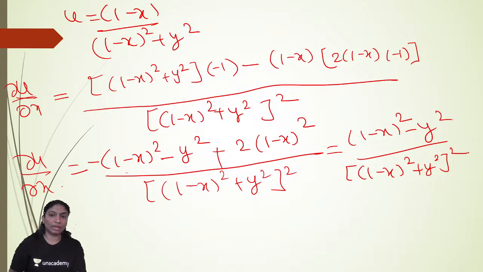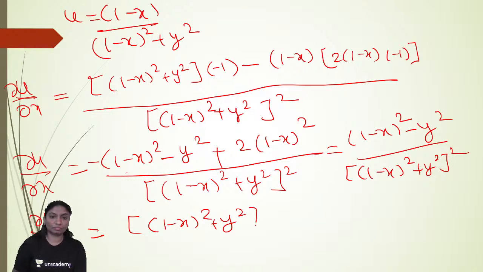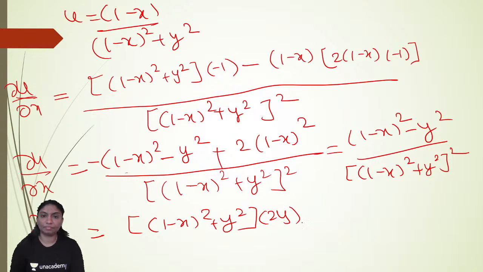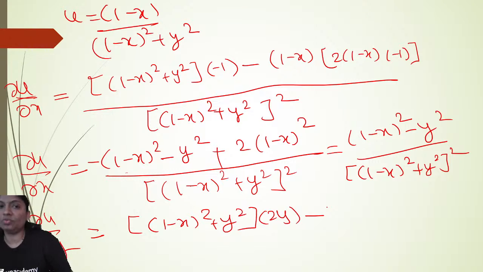Next we will get ∂u/∂y. In exactly a similar way you will get ∂u/∂y: v du, that is (1 minus x) whole square plus y square, into derivative of this with respect to y, that is 2y, minus u dv.